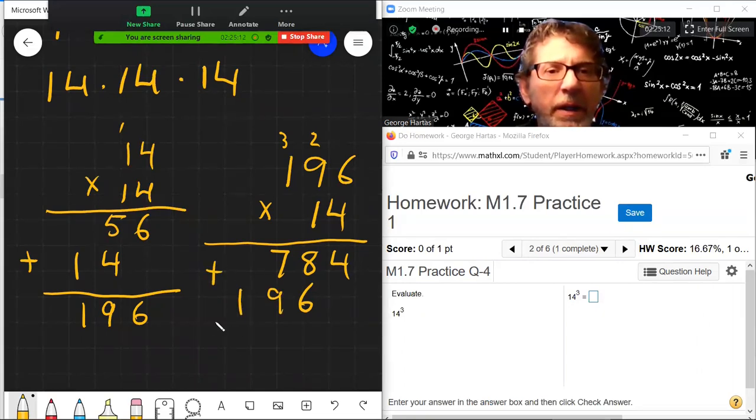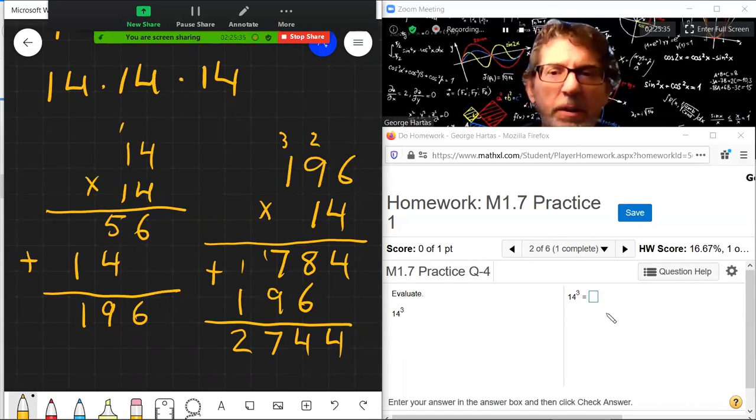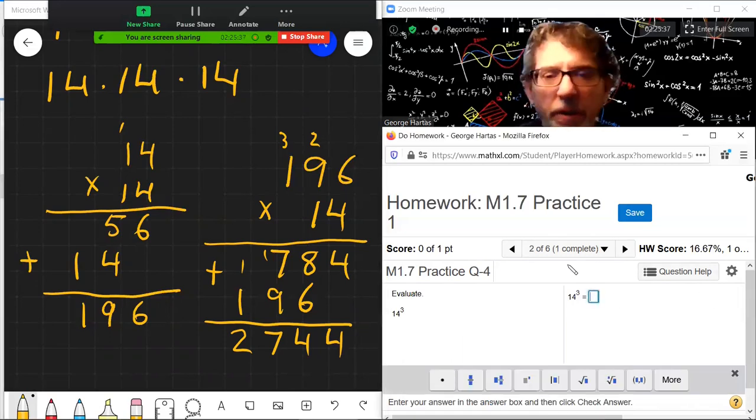Add: 4. 8 and 6 is 14. 8 and 9 is 17. 1 and 1 is 2. So we evaluated 14 to the third power, and the answer we got is 2,744.